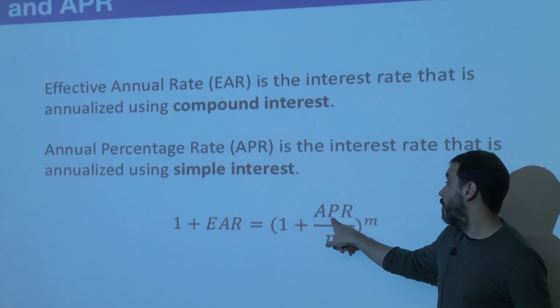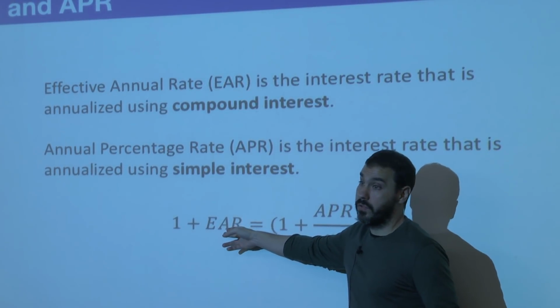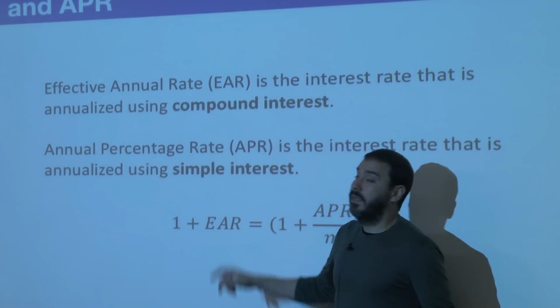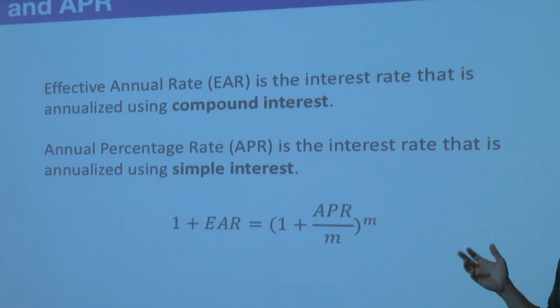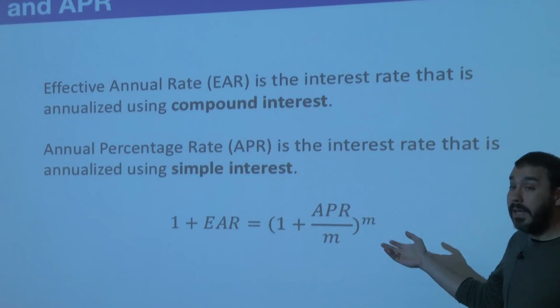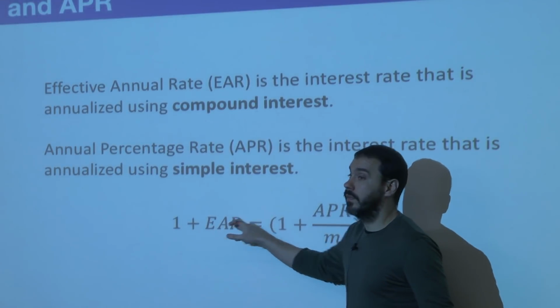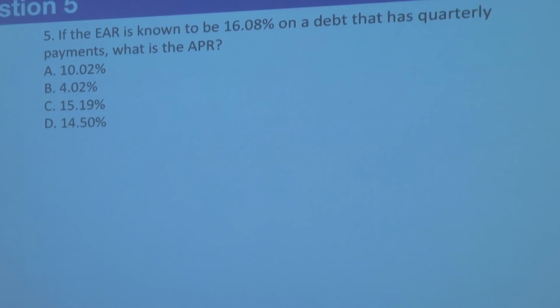If I compound yearly, I will have a 10% EAR also. If I compound semi-annually, my effective rate will go a little above 10%. If I compound monthly, it will be even higher. If I compound daily, even higher, up to the point where I have something called continuous compounding, which we will see in a couple of slides. That is the highest effective rate you can have given a certain APR. But we'll see it.